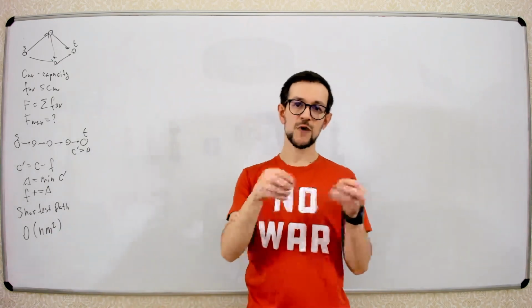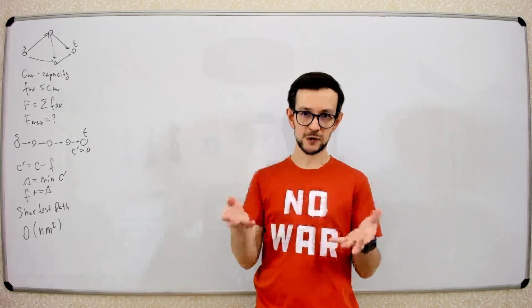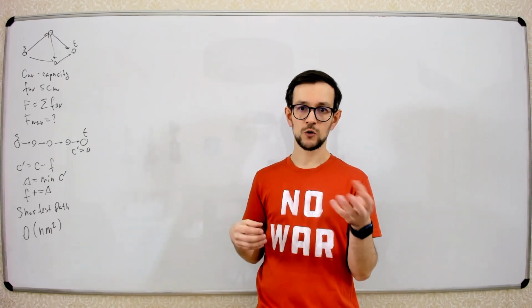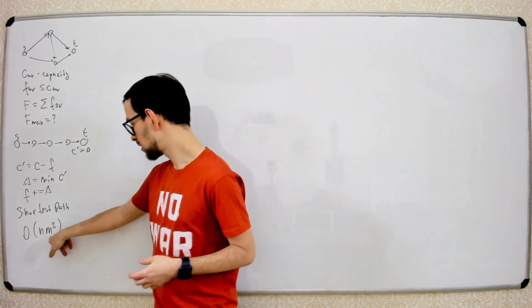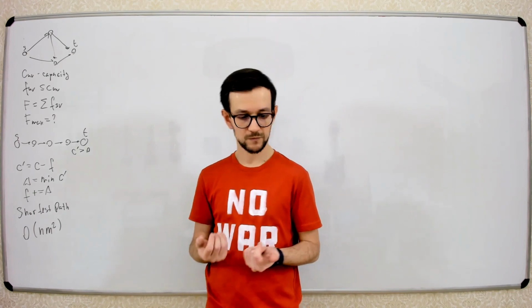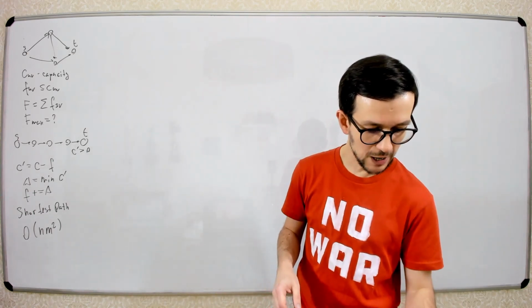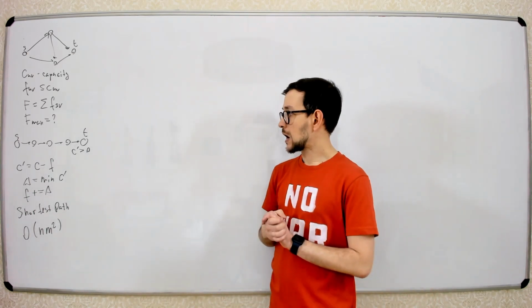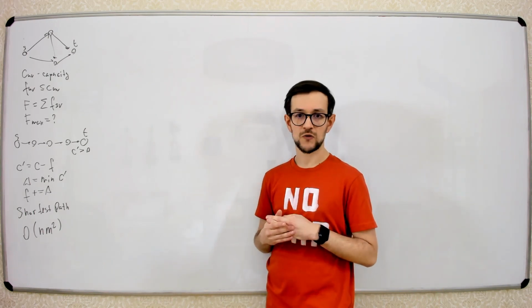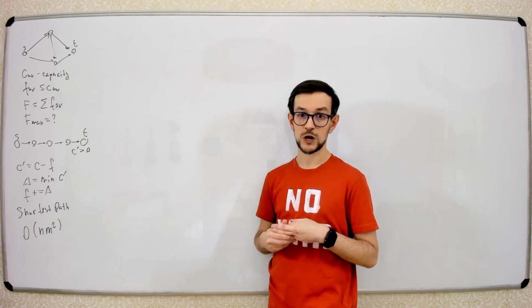And each time to find this augmenting path, we run the BFS algorithm, which runs in linear time. So the total time complexity will be nm multiplied by m. This time we'll try to improve this time complexity, and find other algorithms which have better time complexity.